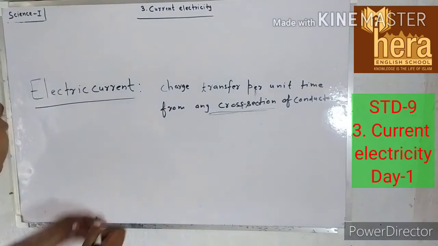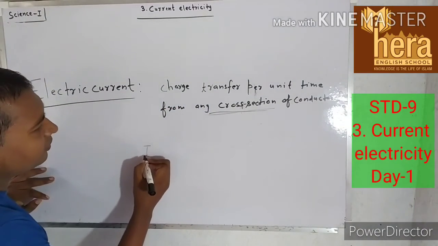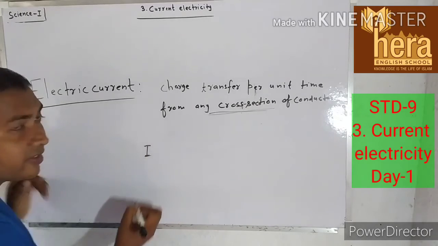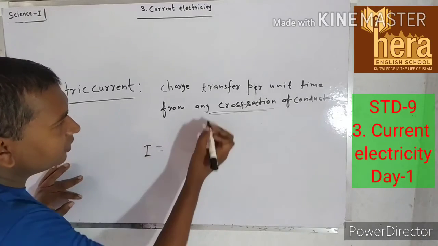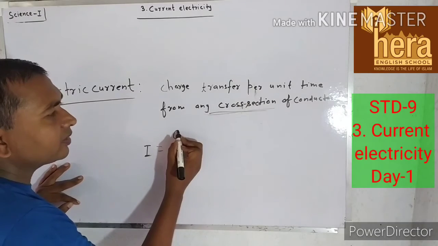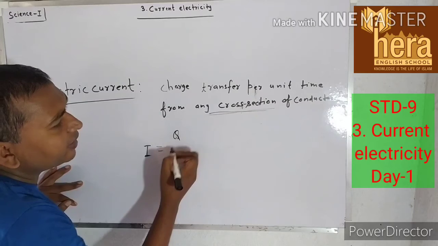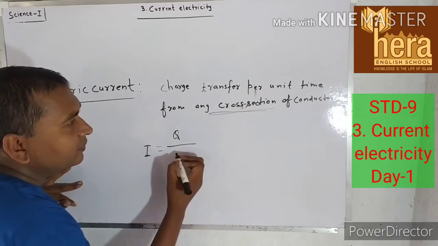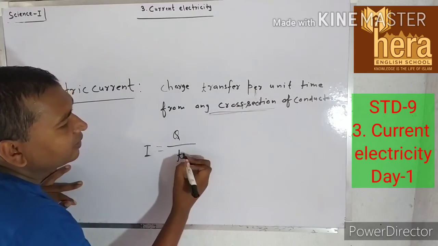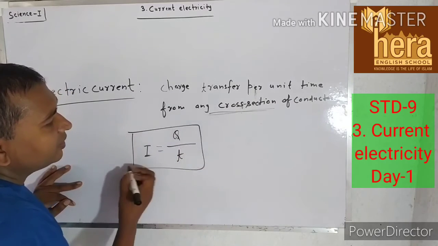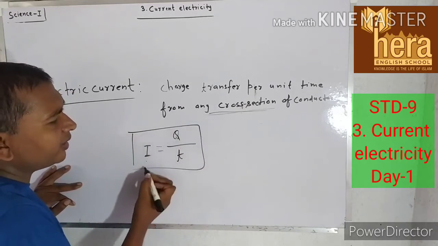So mathematically, current I is equal to charge transferred, charge is represented by Q, in unit time, that is time t. Therefore I is equal to Q upon t.